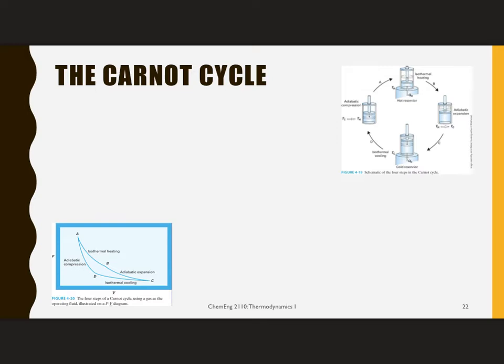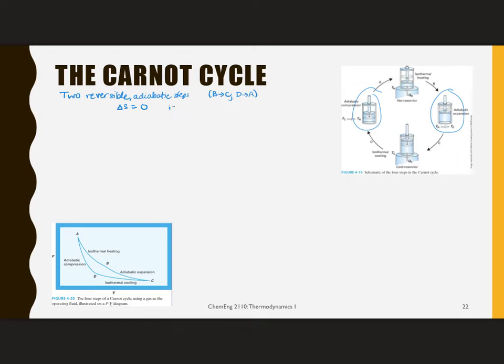If we look a little more closely at this Carnot cycle, we have 2 reversible adiabatic steps. Those are from B to C, okay, and from D to A. And we've seen in previous lessons that based on the definition of entropy, this means that delta S for these steps must be 0.